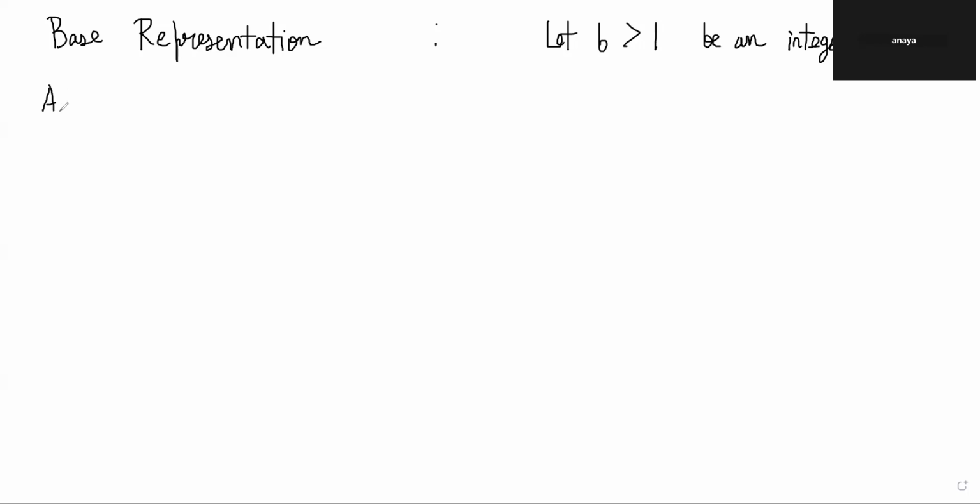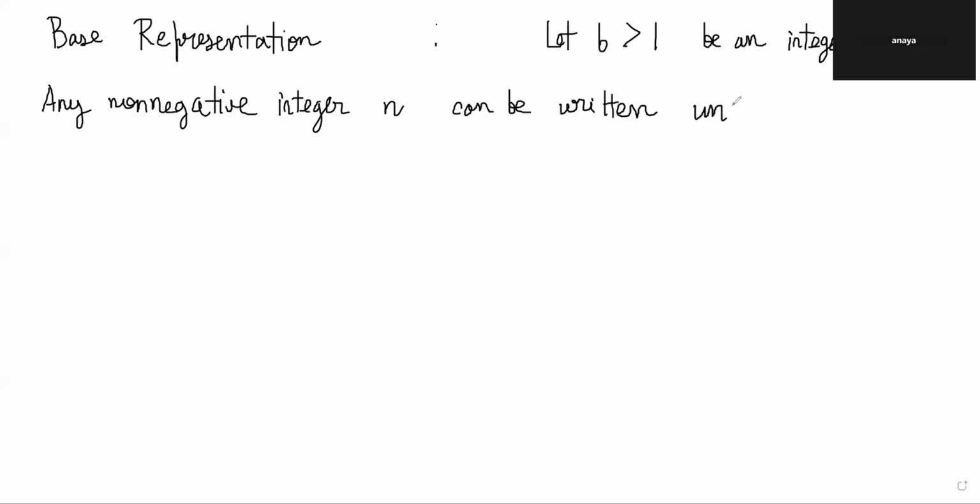Any non-negative integer n can be uniquely written as n equals the sum of i goes from 0 to k of a_i times b to the power i.